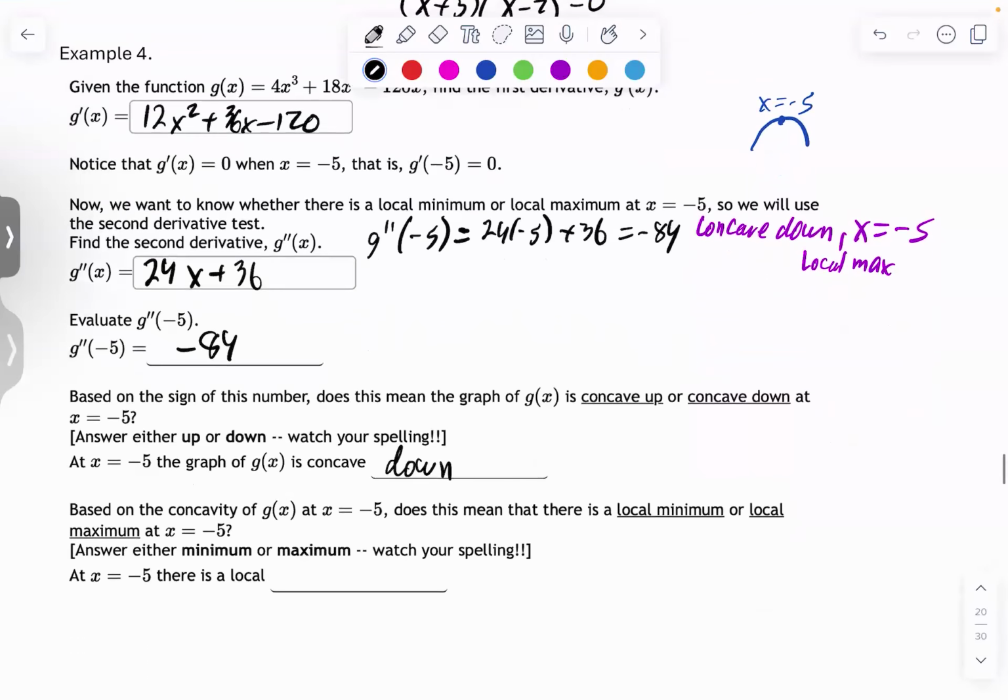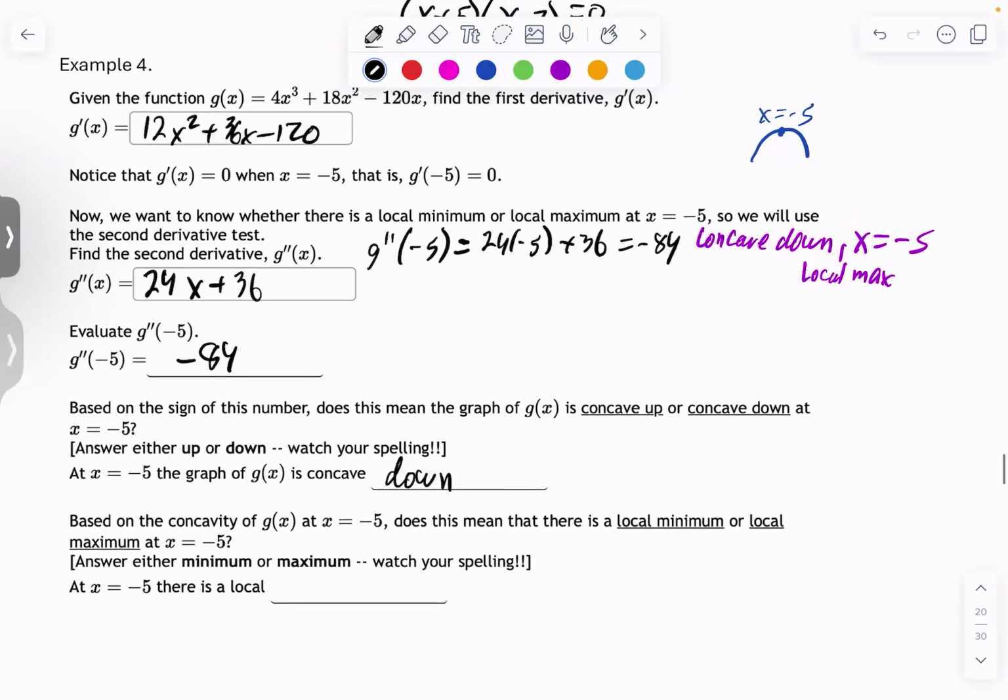And based on the concavity, there is a local maximum at x equals -5. Or local max, if you want to get fancy.